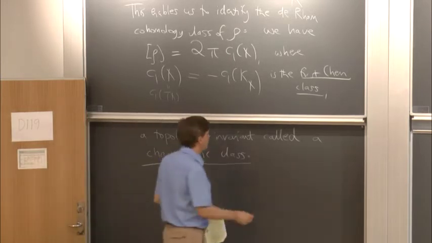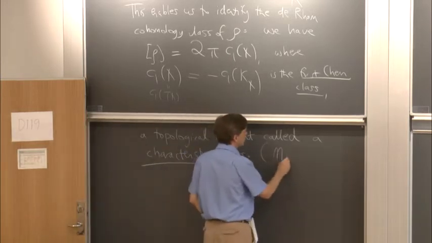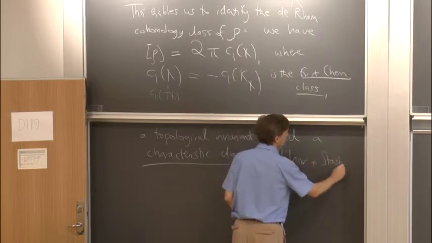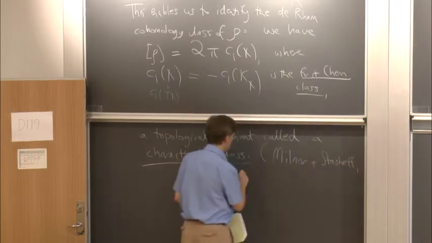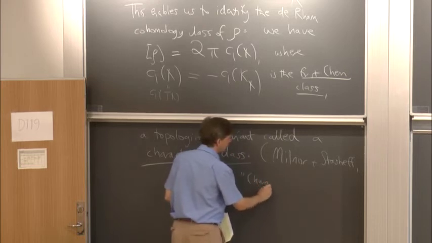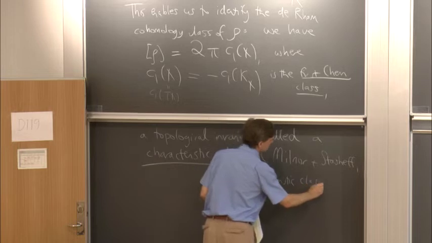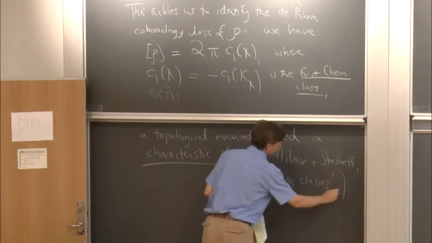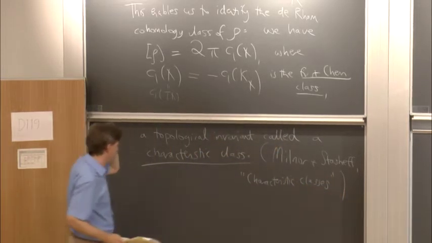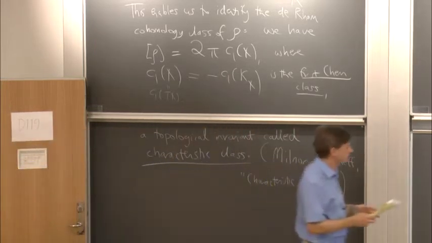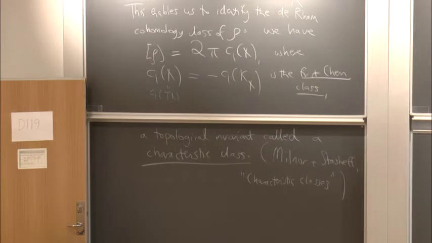If you want a basic reference on them, there's an old book by Milnor and Stasheff, Characteristic Classes. Or I presume you can find a survey paper on them which would be simpler.